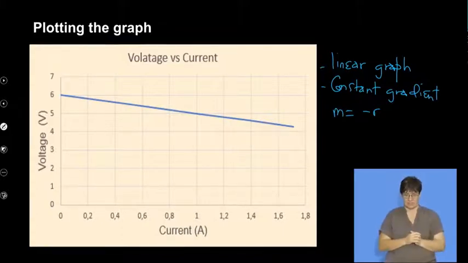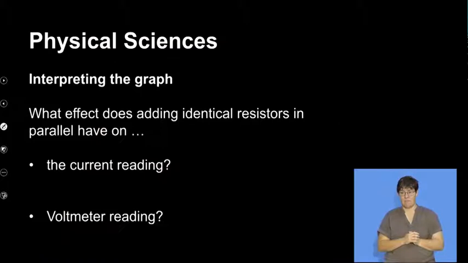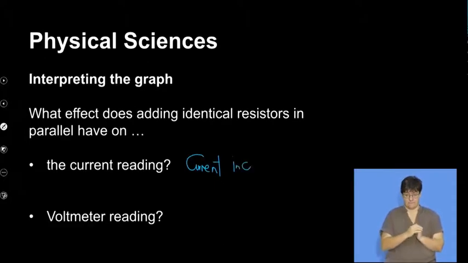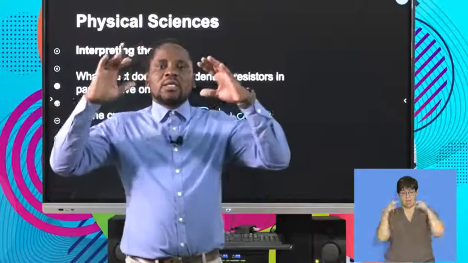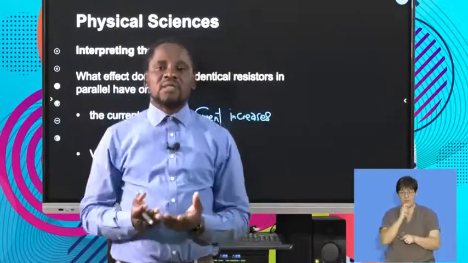Right, so this is the graph that was obtained, and then the question says, what effect does adding identical resistors in parallel have on the current reading? Now we know that current increased, because adding more resistors in parallel decreases the effective resistance in the circuit.